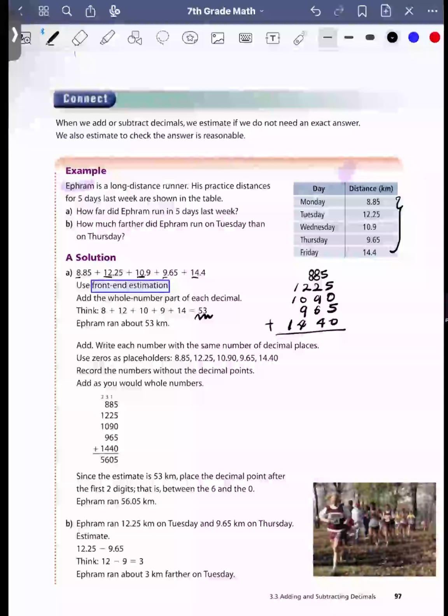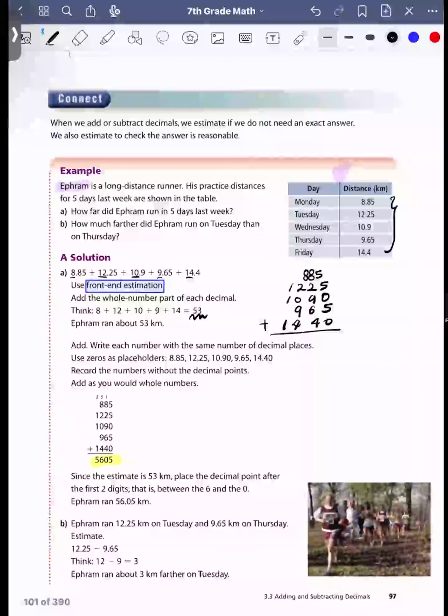And you just sum up all those numbers, which is going to give us 5,605, right? 근데 아까 그 front-end estimation에서 이것을 다 더했을 때 it was around 53, right? So all you need to do is just add a decimal point that gives you roughly around 53.